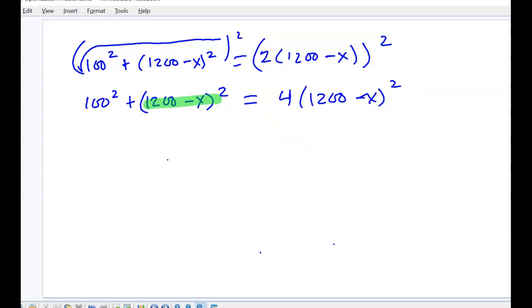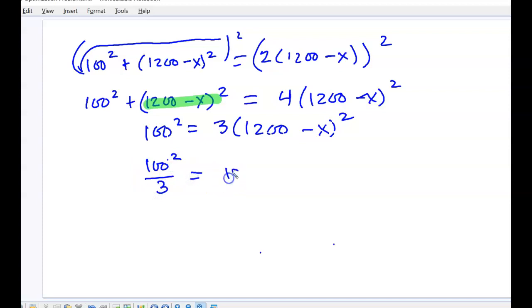I get 100 squared equals 3 times (1200 minus x) squared. Now it's just a matter of solving this quadratic equation. I could divide both sides by 3 to get 100 squared over 3 equals (1200 minus x) squared.